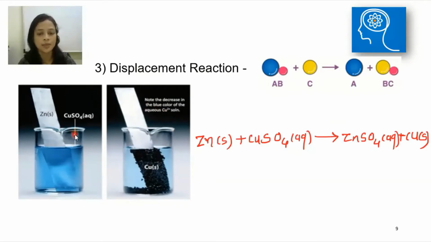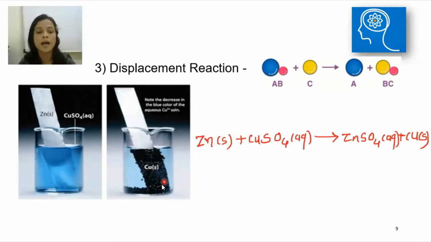You can see this experimental observation. This is the experiment in which zinc solid reacts with copper sulfate solution. After some time, the displacement reaction takes place, and you can see the formation of a few particles attached to this plate.